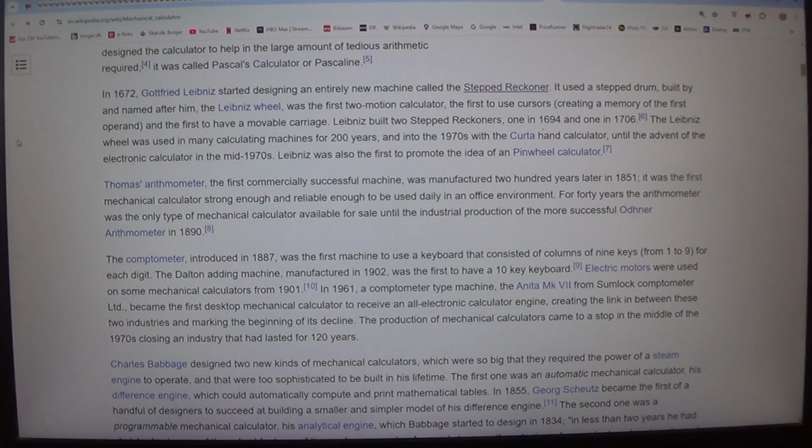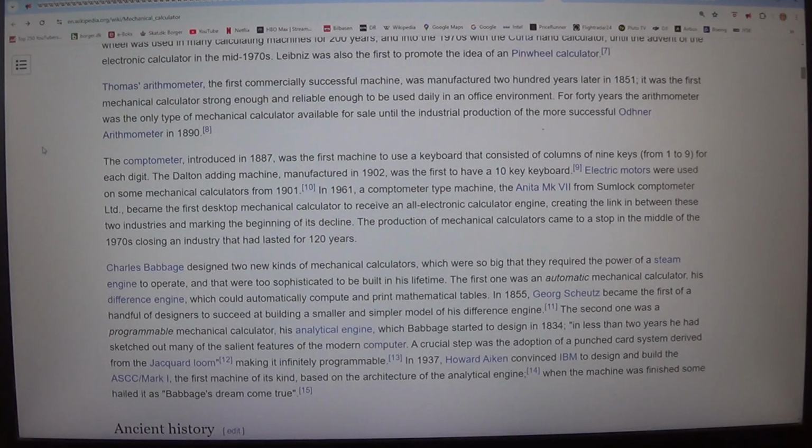Leibniz built two stepped reckoners, one in 1694 and one in 1706. The Leibniz wheel was used in many calculating machines for 200 years, and into the 1970s with the Curta hand calculator, until the advent of the electronic calculator in the mid-1970s. Leibniz was also the first to promote the idea of a pinwheel calculator.